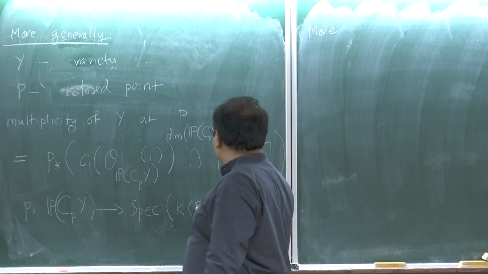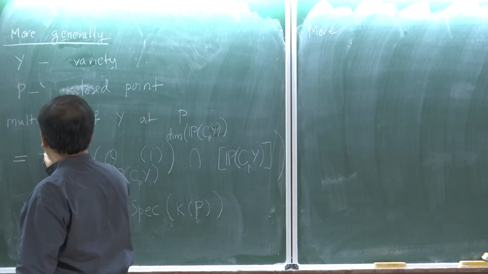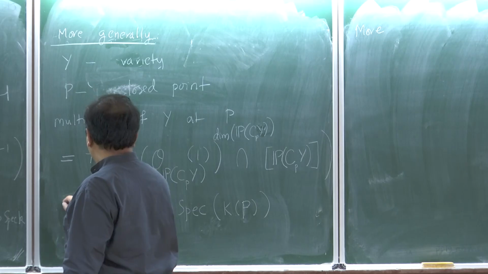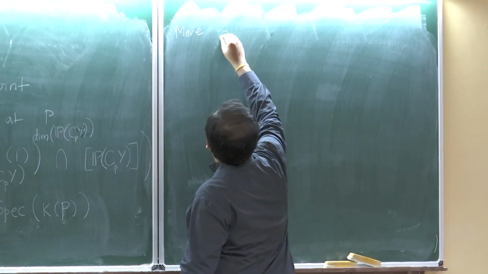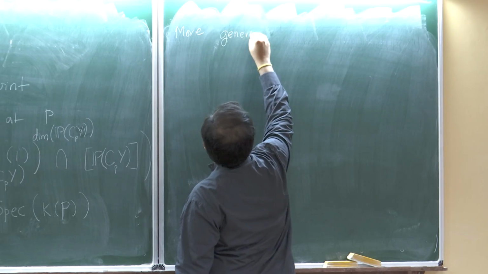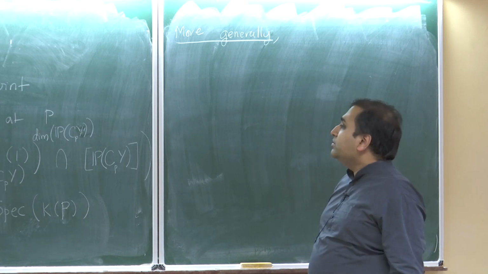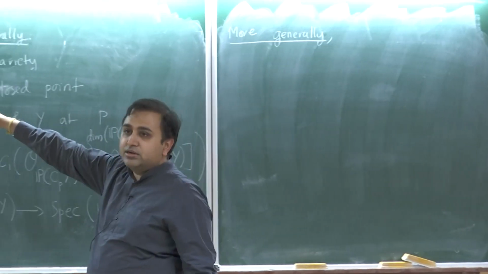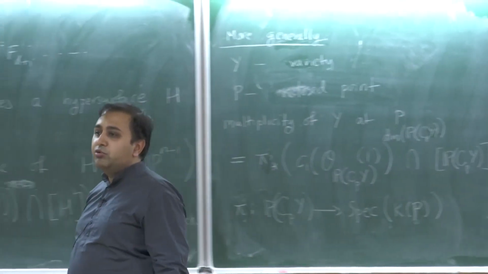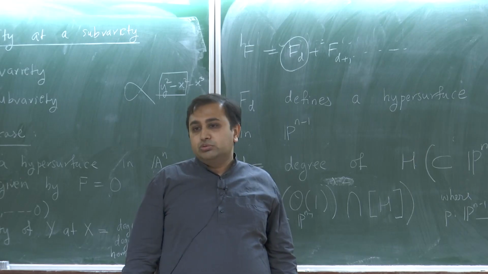This is capital P. Maybe I could turn this into pi. So even more generally, what is more general now? This works at any variety as long as I'm taking the multiplicity at a point. Now if I want to talk about multiplicity at a subvariety, what should I do?